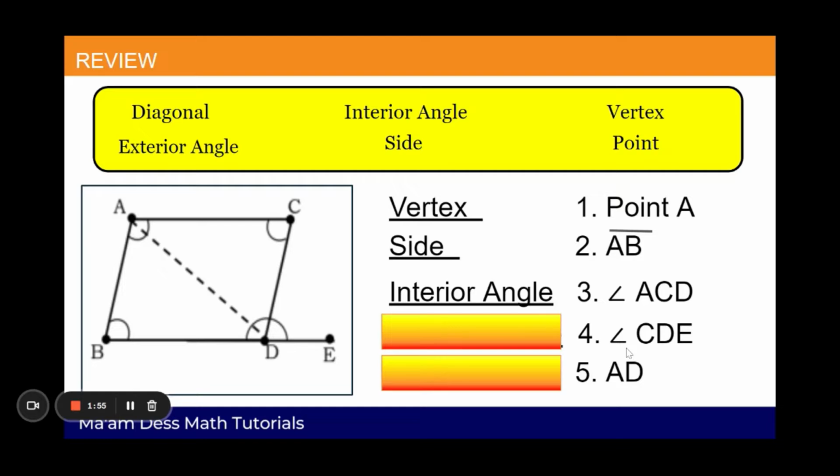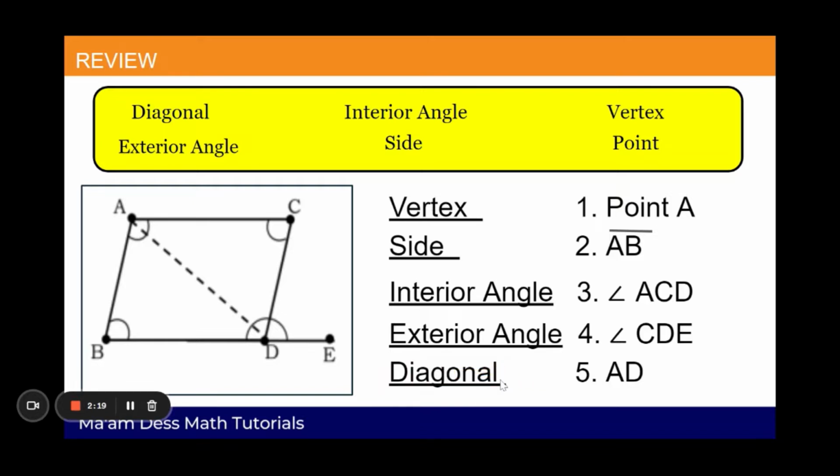Number 4, angle CDA. So, again, what part of the polygon is this? Okay, exterior angle. Number 5, it is AD or line segment AD. Okay, so we have diagonal.